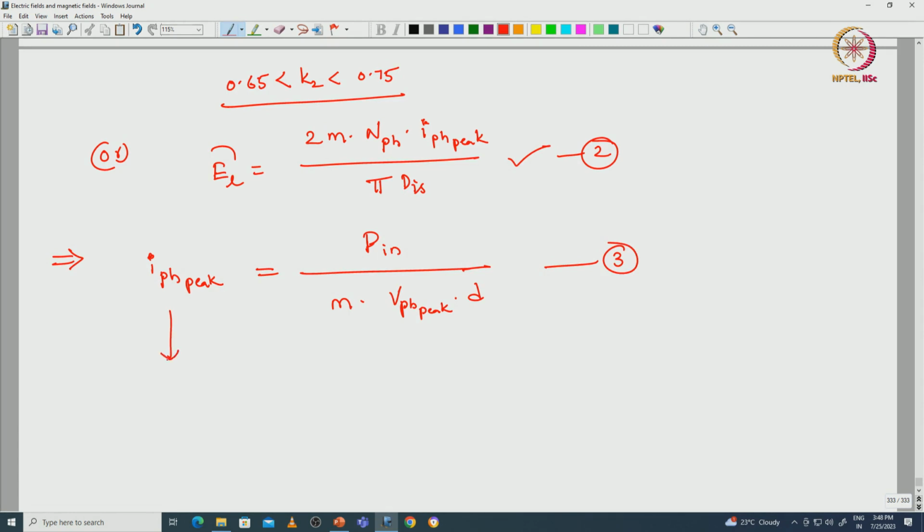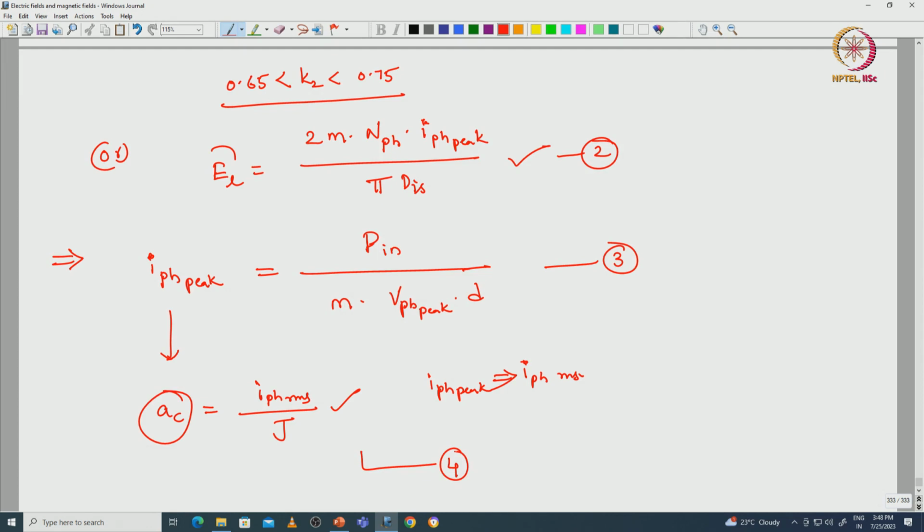Once we know the stator phase current, we can calculate the cross sectional area of the conductors by utilizing the equation I phase RMS divided by current density. So we have to convert I phase peak to I phase RMS, and substitute in this equation, then we will get the cross sectional area of the wire.